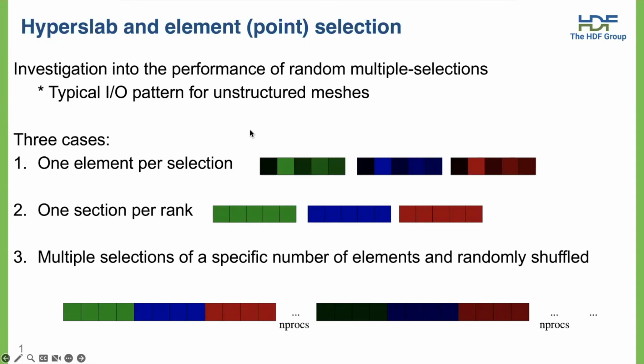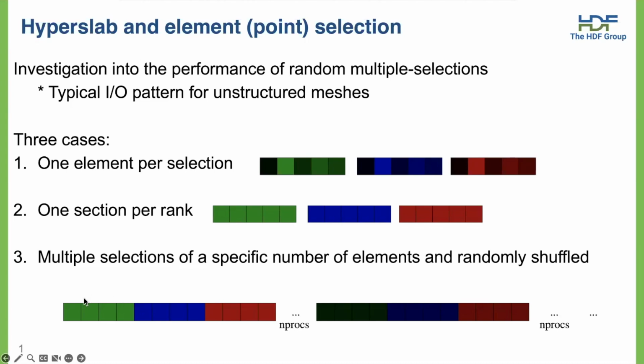Odds are. In the second case, I did a typical one where you just do the whole hyperslab per rank, so one rank does a whole selection. And I did the same thing where I specified the points that would cover the same hyperslab selection. The third case was multiple selections where I specify a width, a certain number of contiguous elements.